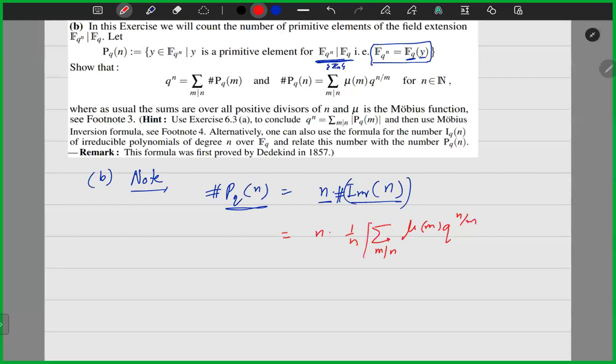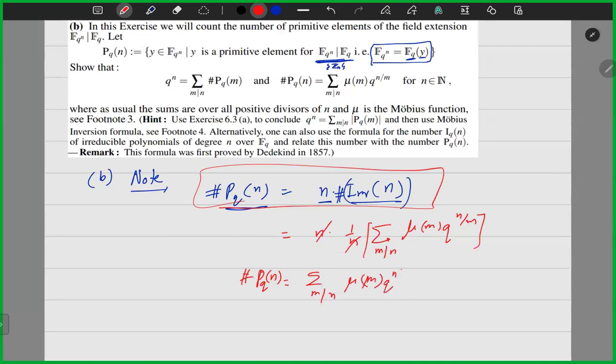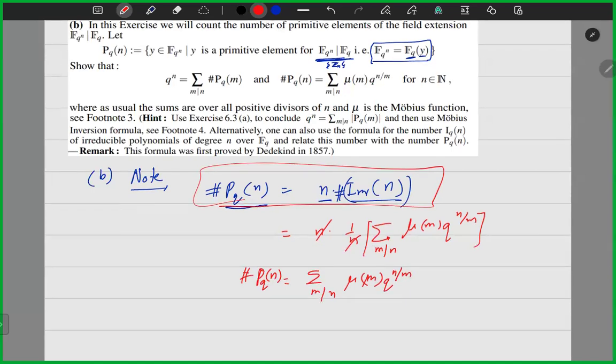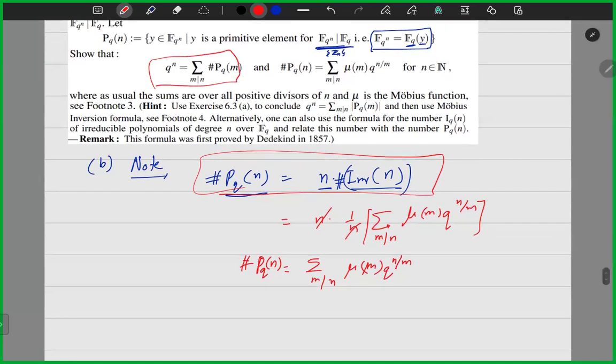So this n gets cancelled out and it becomes just P_q(n). Now use the inversion formula and get this one.